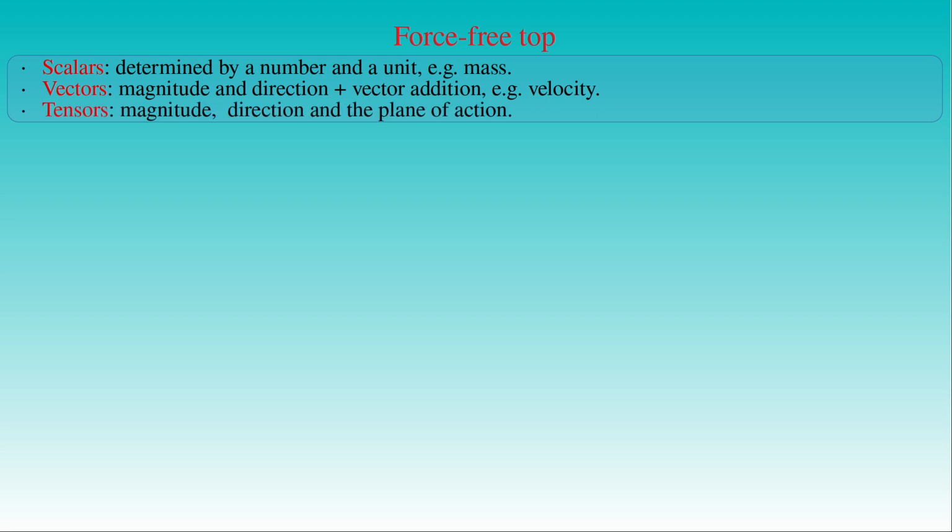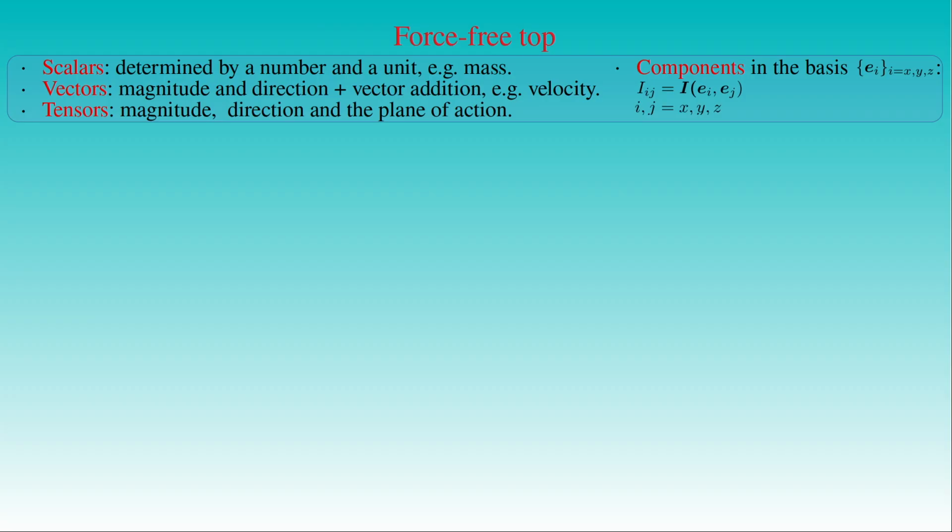Tensors provide the most general mathematical description of physical quantities which involve not only magnitudes and directions but also planes in space associated with the action of tensors interpreted as linear maps between vectors or between vectors and scalars. As in the case of vectors, tensors can also be expanded in some basis constructed from a set of vectors in the Euclidean space. For example, by choosing the coordinate basis of the mutually orthogonal unit vectors e_I defining the Cartesian coordinate axes, where the index I runs through the coordinates x, y, and z, we can evaluate the moment of inertia tensor I at the basis vectors, obtaining the matrix elements I_ij in the given Cartesian coordinate basis.